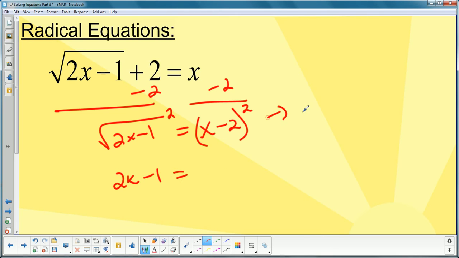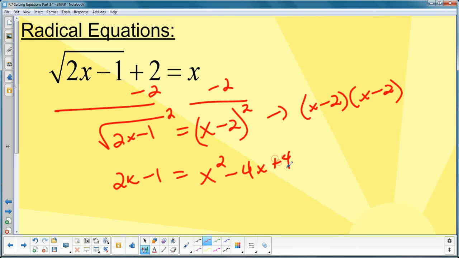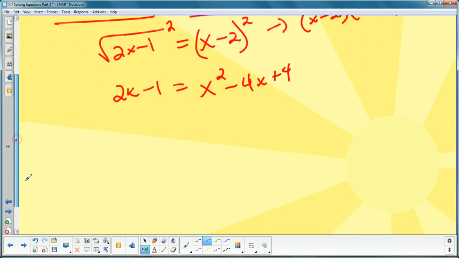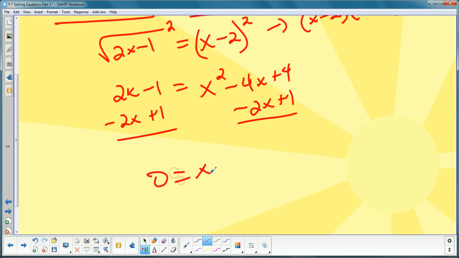And again, remember, this is x minus 2 times x minus 2, which ends up being x squared minus 4x plus 4.